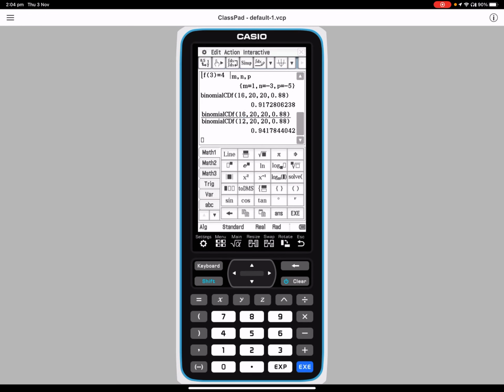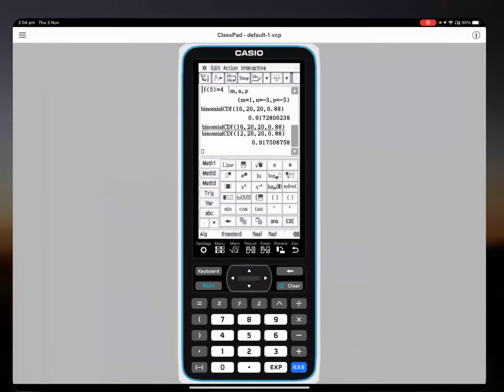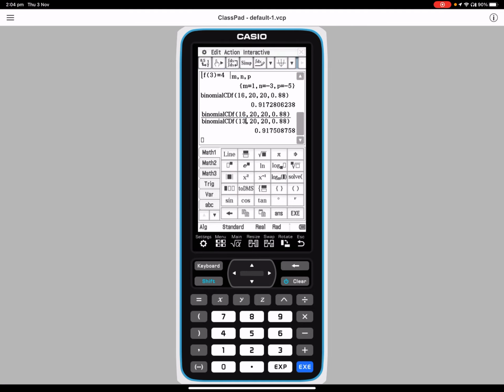So let's go 12, 11, 12, 12. I mean, that's pretty easy if you just play around with it. 13. Yep.